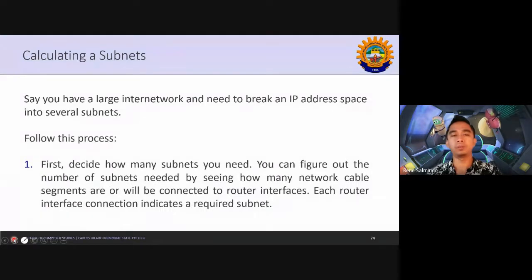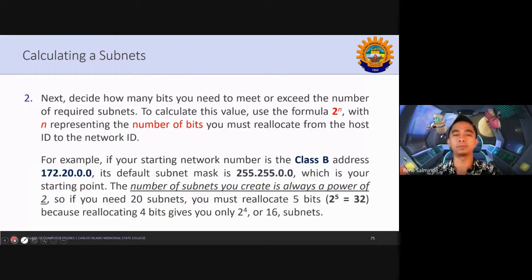Now, how do we subnet a large internet network? First, you decide how many subnets you need. You can figure out the number of subnets by seeing how many network cable segments will be connected to the router interface. Each router interface connection indicates a required subnet.